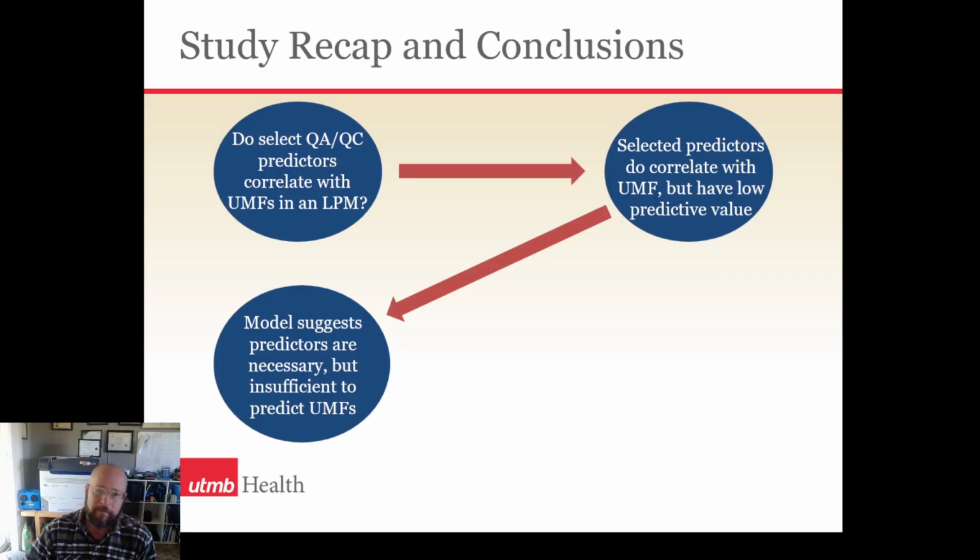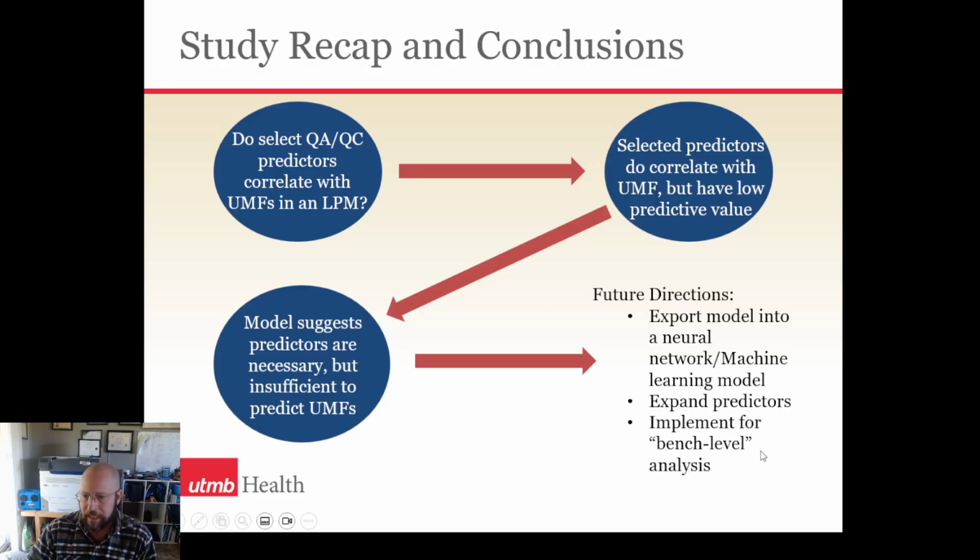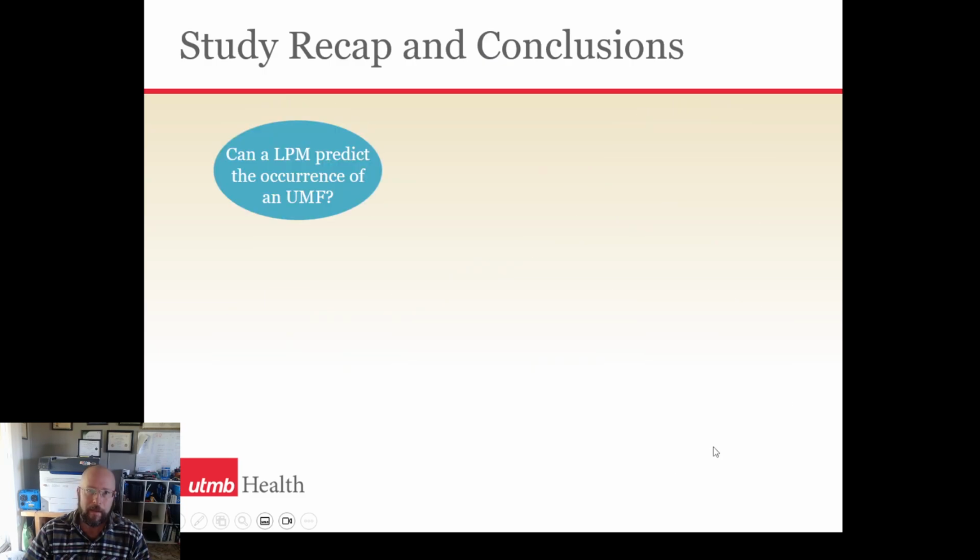We need more. And so the next step is to essentially throw more data at the model, get a better model at correlating some of these predictors with mechanical failure, and then finally implement that model at the bench level so that the techs themselves can do this analysis quickly.